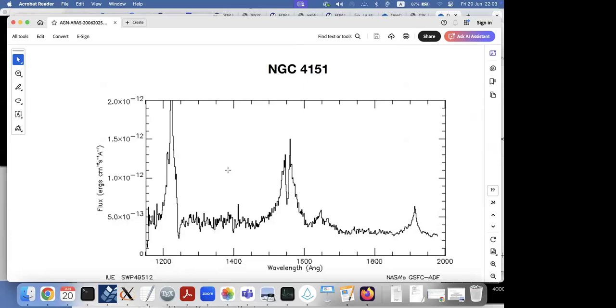Then, last one, 4151, which shows a deep absorption locally in the galaxy. That's what you're seeing here. So this is the carbon-4 line, but it's embedded in a region which is sufficiently dense and sufficiently ionized that you're actually seeing absorption from it.